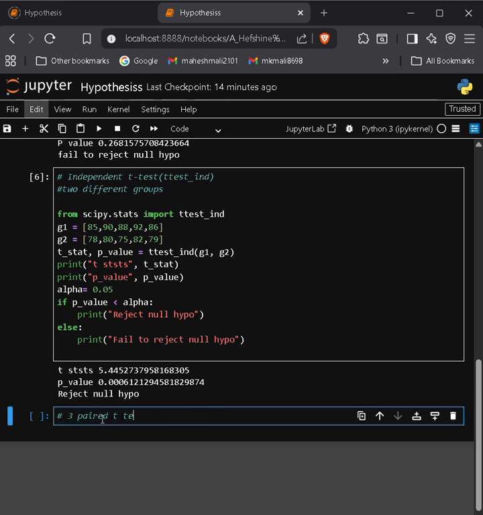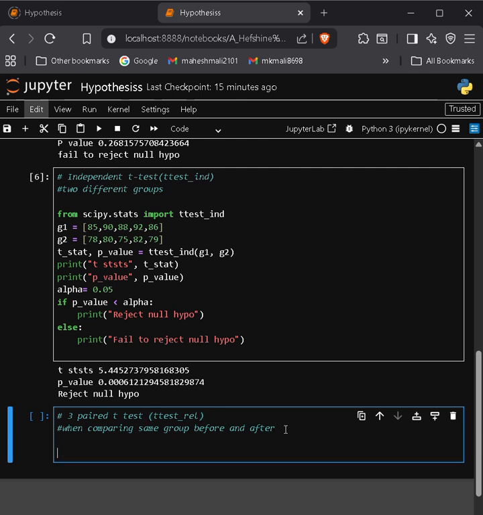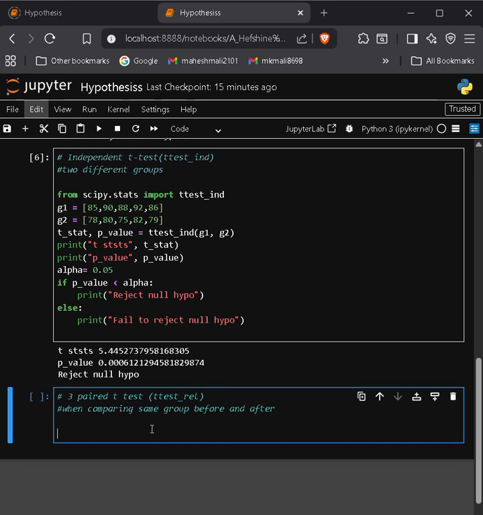It is denoted ttest_rel. We use it when comparing the same group before and after, for example weight before diet and after diet, marks before training and after training. That's why we use the paired t-test.